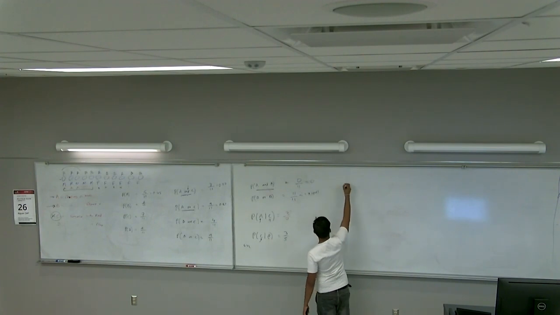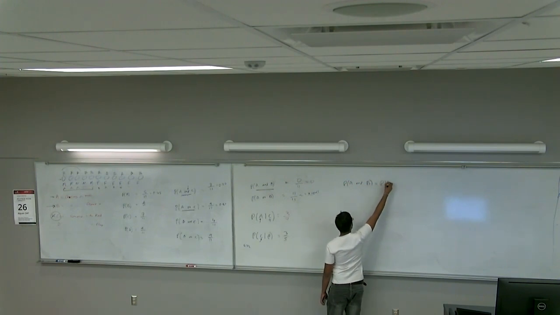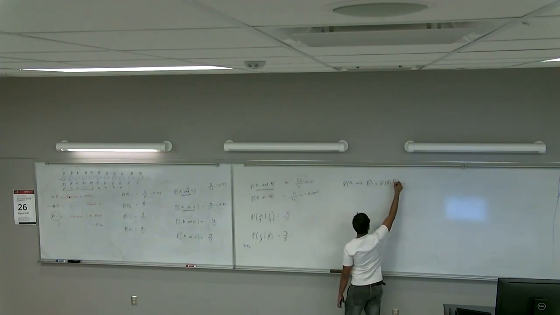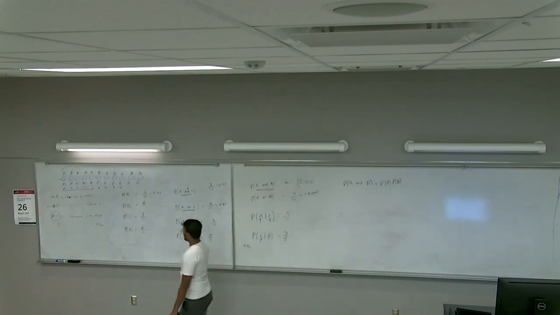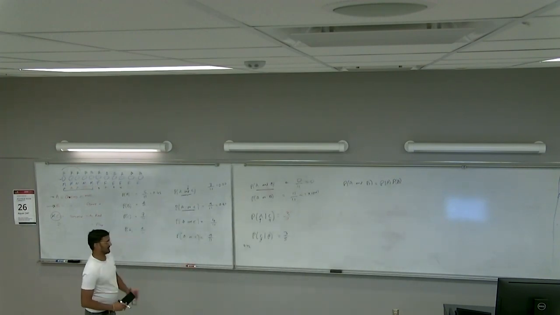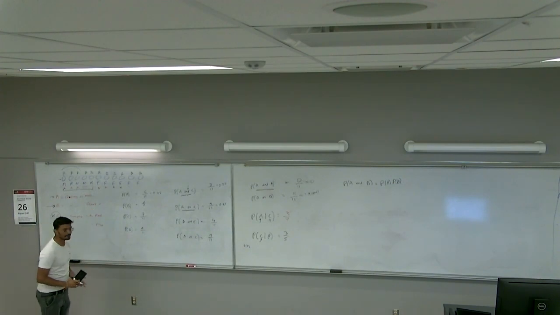Why didn't we write A and B as P(A) times P(B)? The basic idea is you need those sets to be independent.